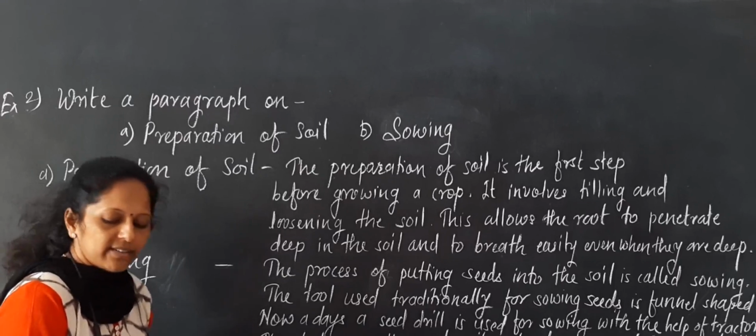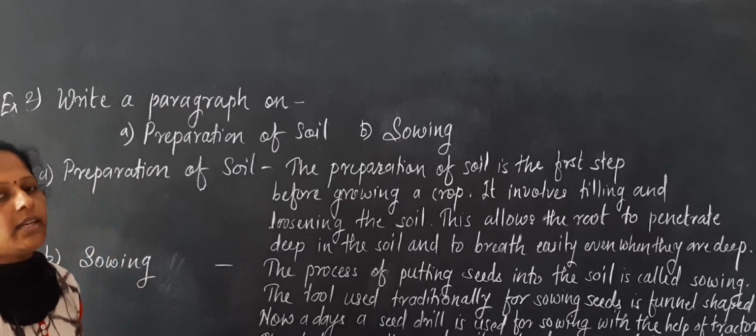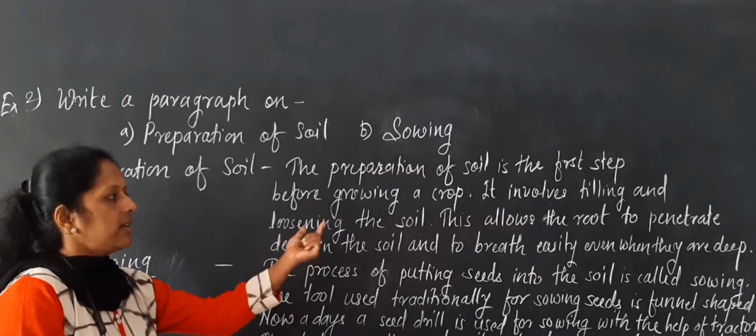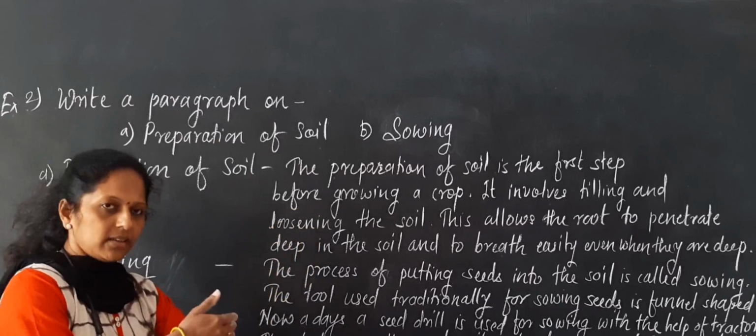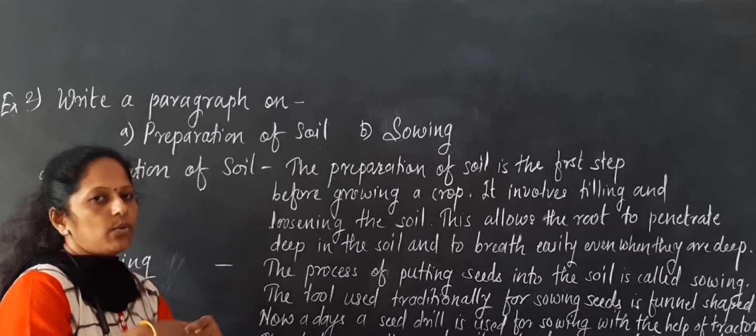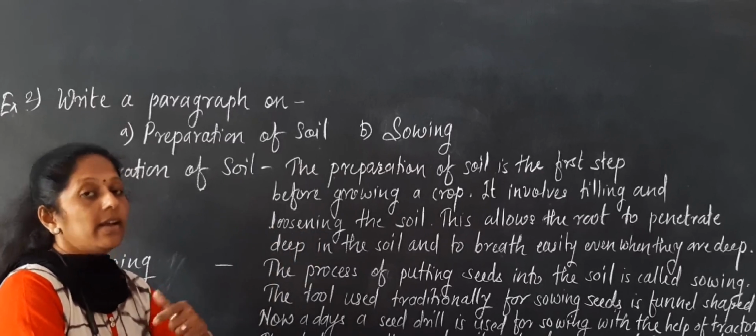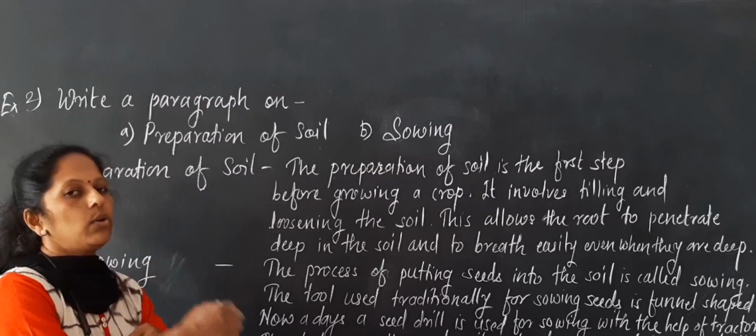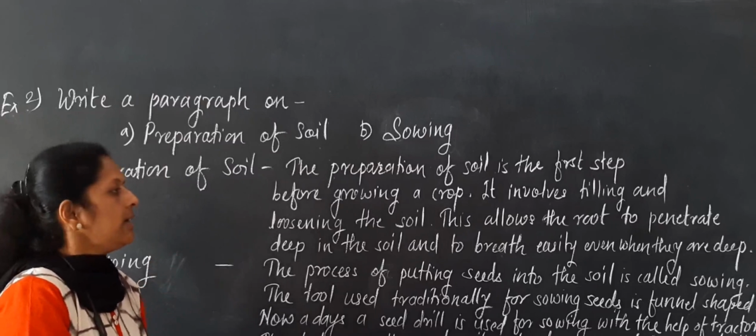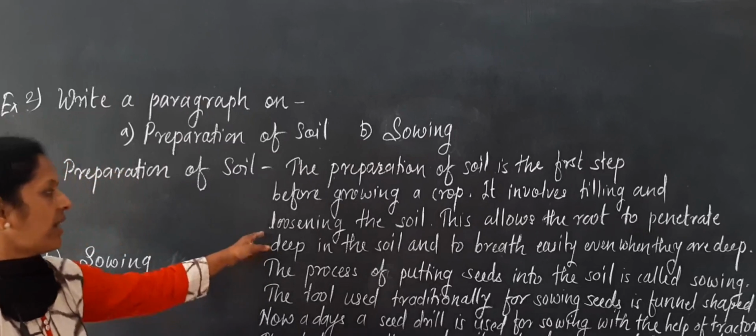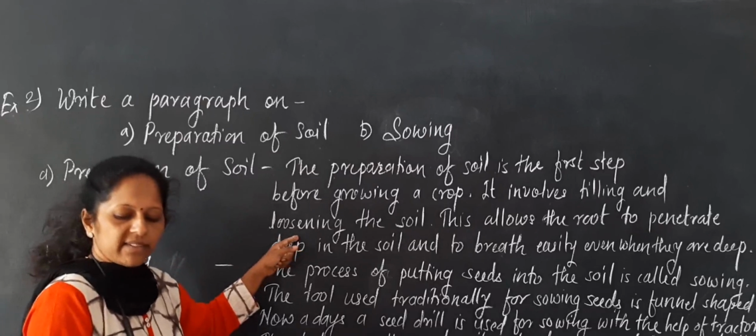What is tilling? It is nothing but the turning of the soil. Because of tilling, the soil that was on the lower side comes up, and the upper soil goes down. So turning and loosening of the soil takes place.